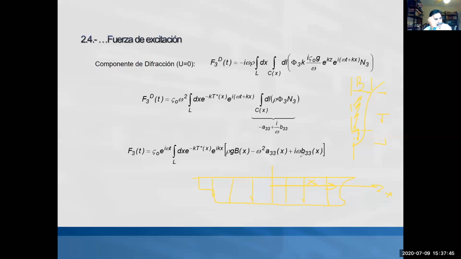So T star is usually, let me write it up here, T star. We calculate it with the sectional area and we divide it by B. So it's like an average draft if you want. Okay, so it's up to here.